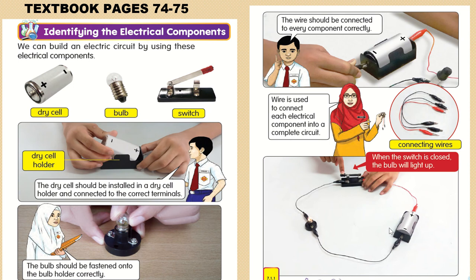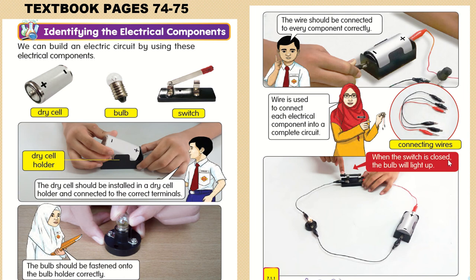In a complete circuit, we have 4 electrical components. The first one is the dry cell, the second one is the bulb, the third one is the switch, and the last one, the red and the black, is the connecting wire.